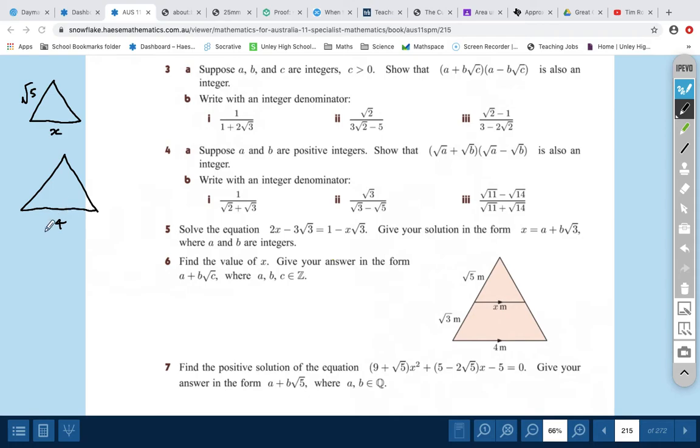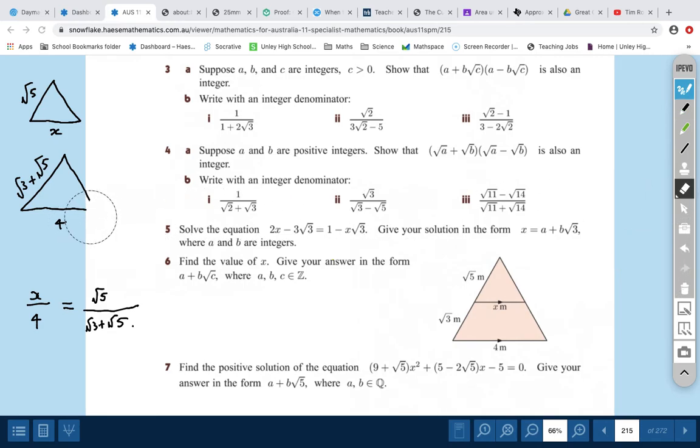So I'm saying x is to 4, so the ratio of x to 4 must be the same as the ratio of root 5 to the length of this longer side. So this longer side through there, okay? Which would be root 3 plus root 5. Root 3 plus root 5. All right. And we're trying to solve for x.